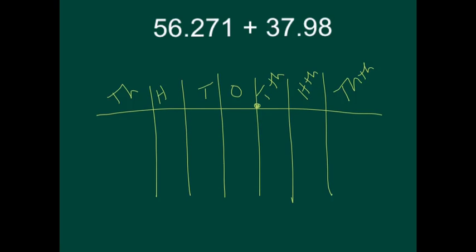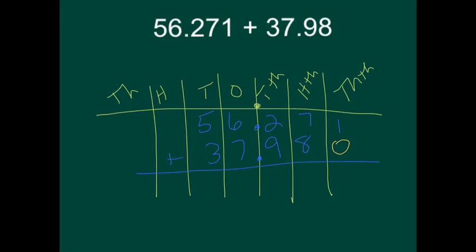Now we can set up our problem. We have 56 and 271 thousandths plus 37 and 98 hundredths. Now I can put a 0 at the end here to even things out. Now let's just add it up.